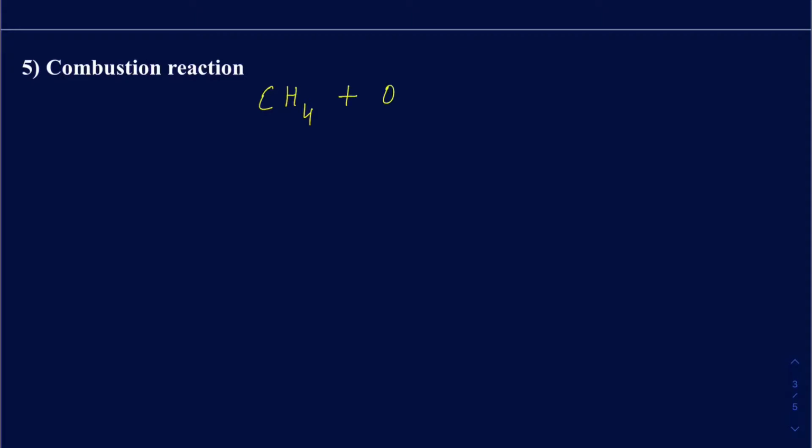Plus, you must have oxygen on the reactant side to make this a combustion reaction, because remember, when you're burning something, it's always being burned in the presence of oxygen. And one of your products is going to be carbon dioxide, and your other product is going to be water. Those are the typical combustion reaction products.